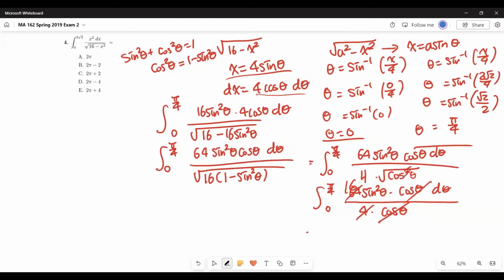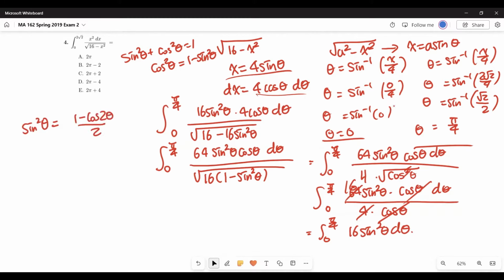And this will be just 0 to pi over 4, 16 sine squared theta d theta. And if you remember your double angle, I think it's half angle actually. I don't know whether it's double angle or half angle, but we do know that sine squared theta is equal to 1 minus cosine 2 theta over 2.